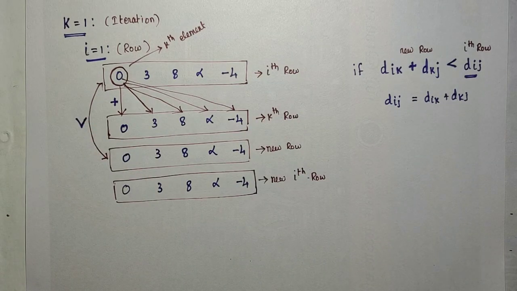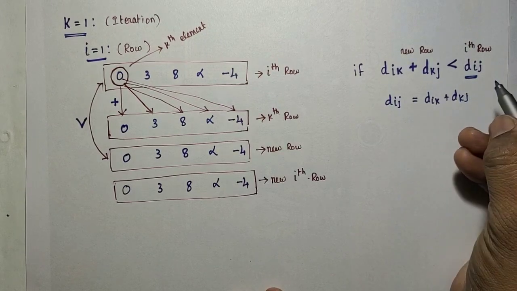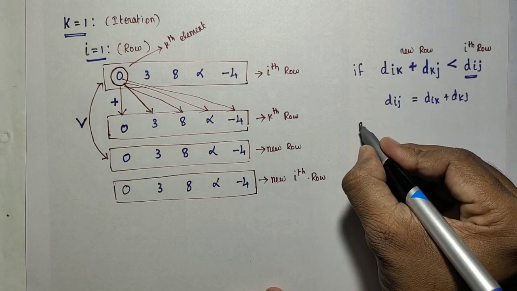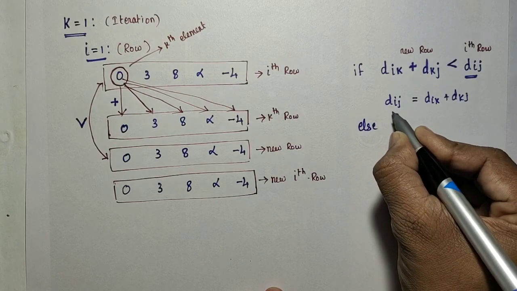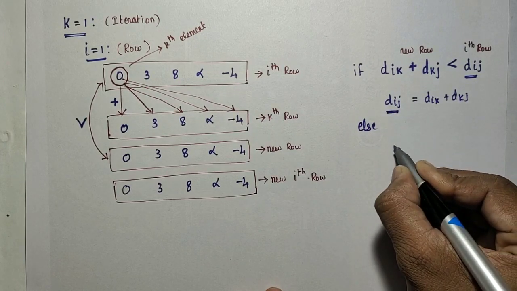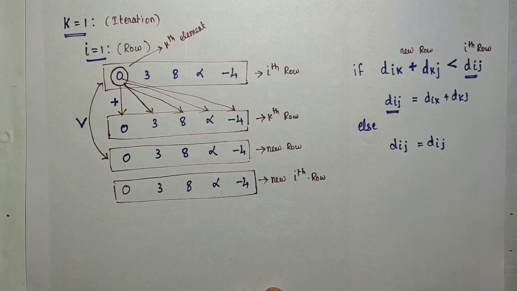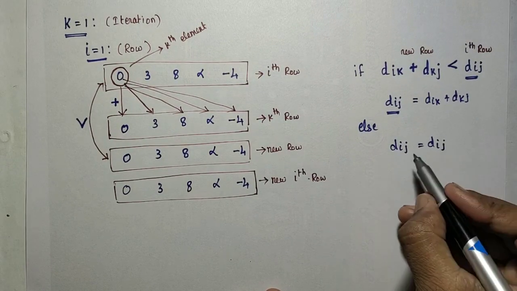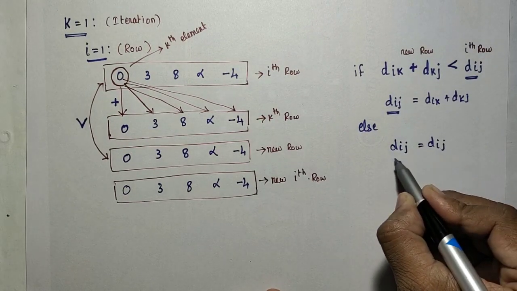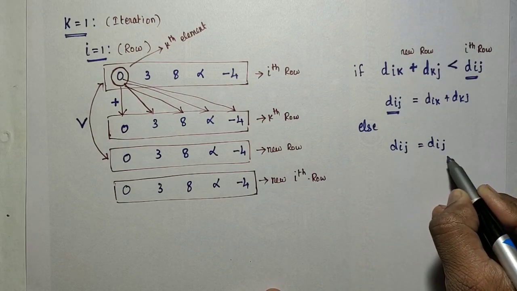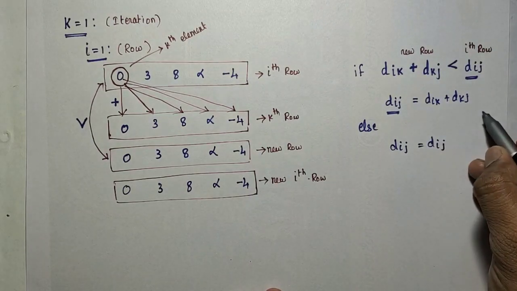If the condition is false, that is else, I need to maintain dij as it is, that is dij equal to dij. This represents no change, otherwise we need to update.